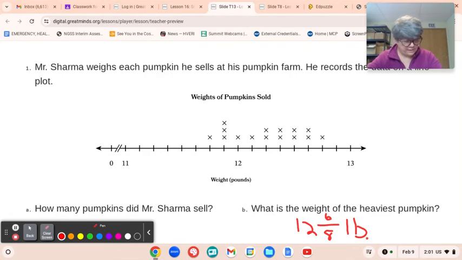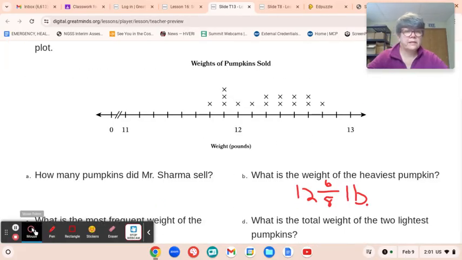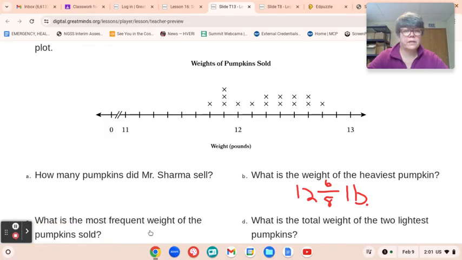Okay, and what is the most frequent weight? That's going to be C down here on the bottom. Sorry, it's kind of hidden there. What is the most frequent weight? Now remember, most frequent weight means the one that we see most often. So most frequent weight would be the one right here. That's 1 less than 12.